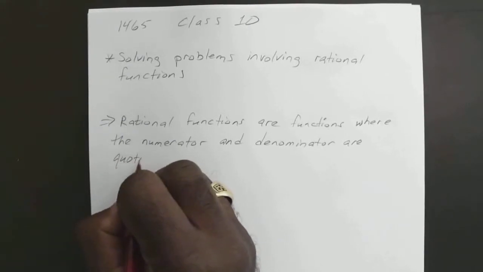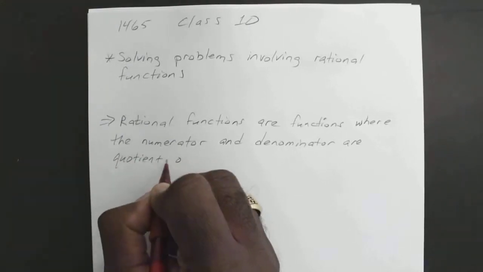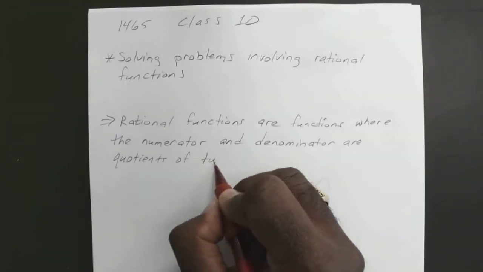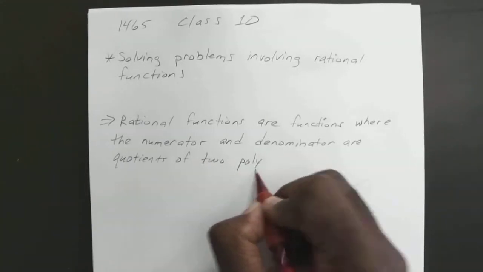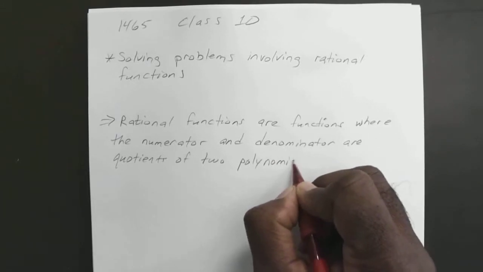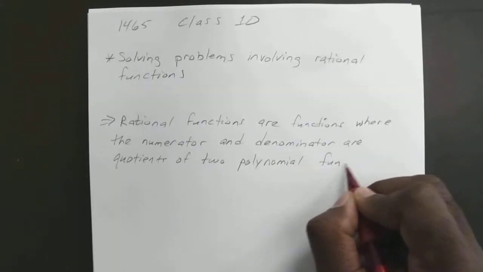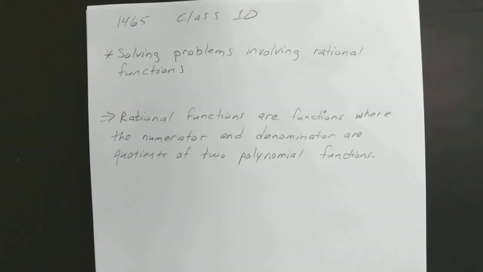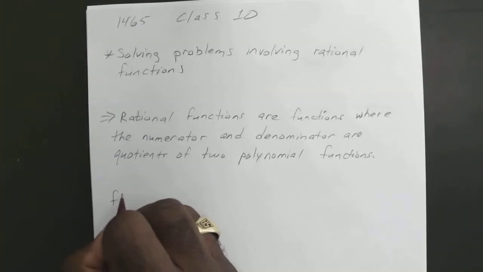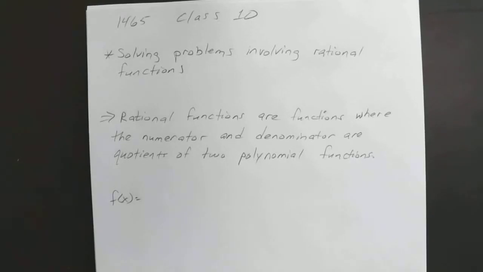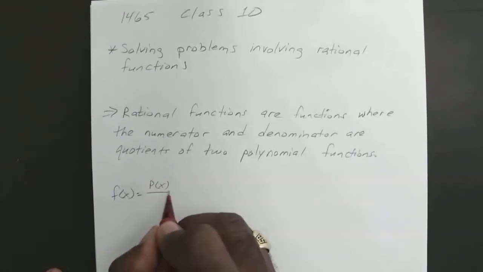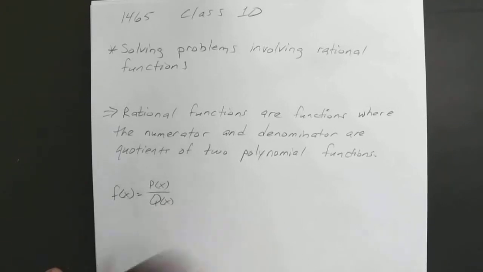Our quotients of two polynomial functions. Okay, so for example, if you have some function f of x, it's going to equal some polynomial over another polynomial.